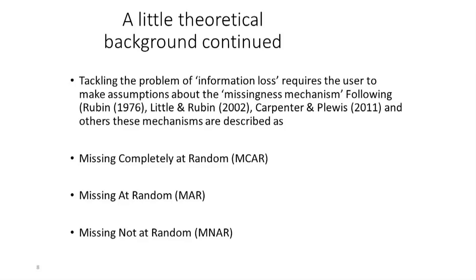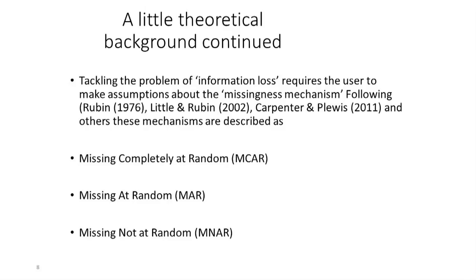And these are the familiar trio of assumptions which drive our remedies. Missing completely at random, where the absence of information has no relationship to the characteristics of the individual. Missing at random, where the missingness has a relationship to the characteristics of the individual.